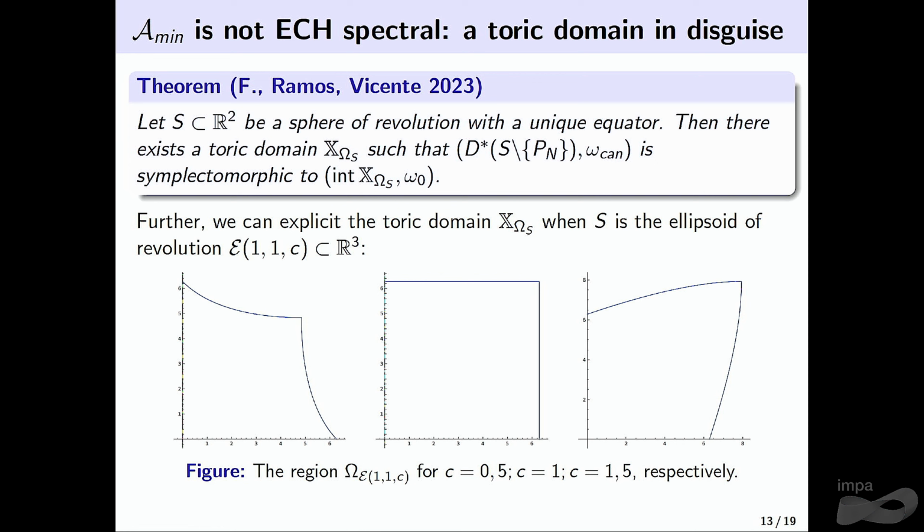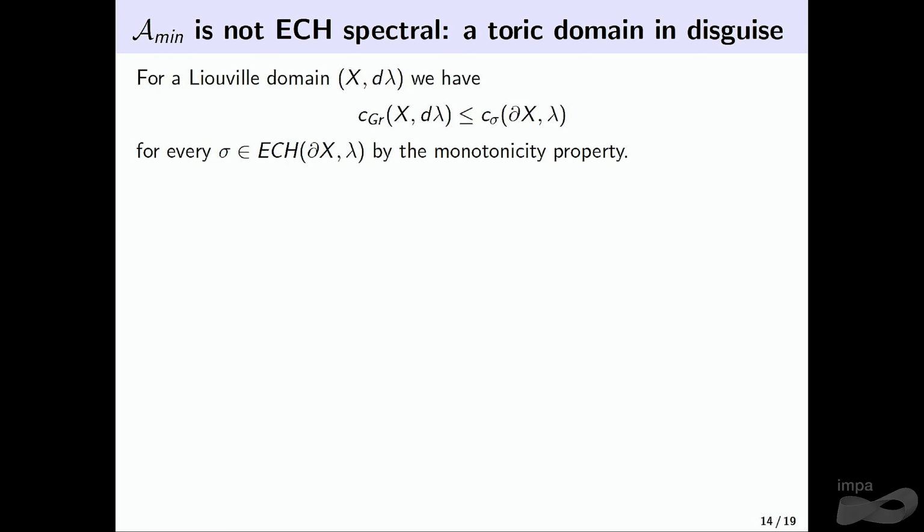And this corresponds to the example that I want to tell. I want to find a contact manifold where the minimal action is not the ECH spectral invariant. Okay, so that's this remark. Consider a Liouville domain, and it's not hard to prove that the Gromov width, which measures the biggest ball that you can embed symplectically into a symplectic manifold, must be lower than or equal to any ECH spectral invariant of the boundary.